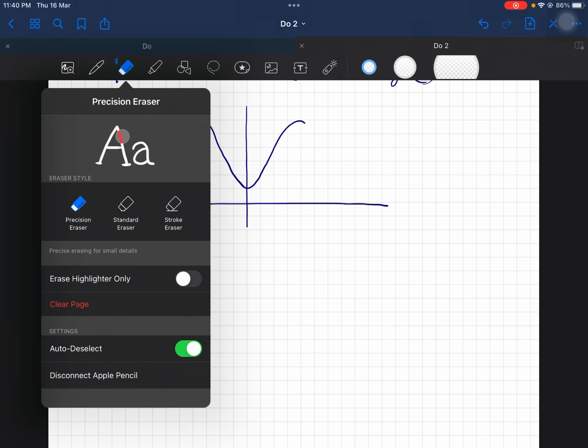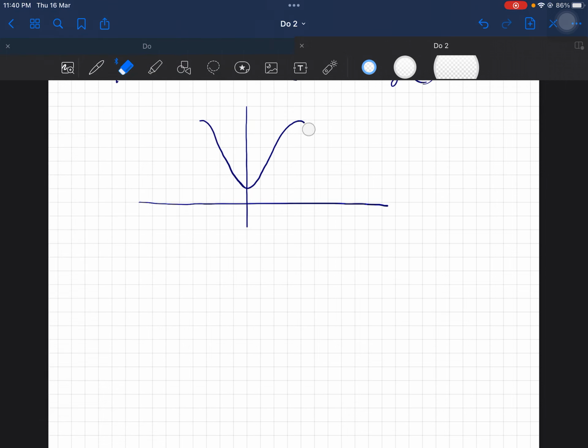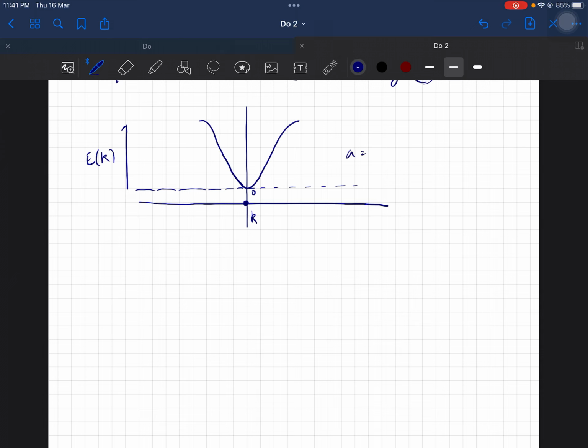That's E of k versus k. This is plotted for a equals t equals 1, E naught is 2. That's how it looks.